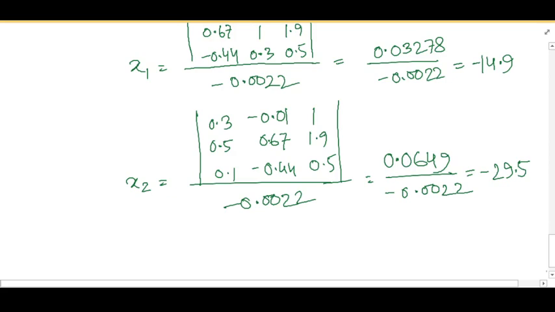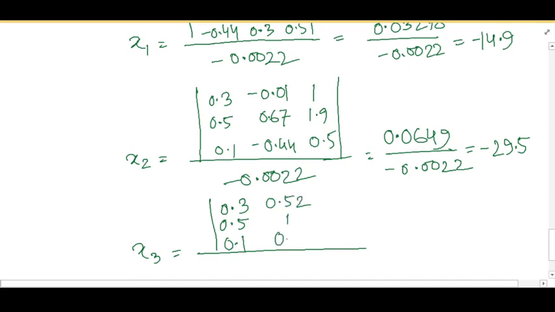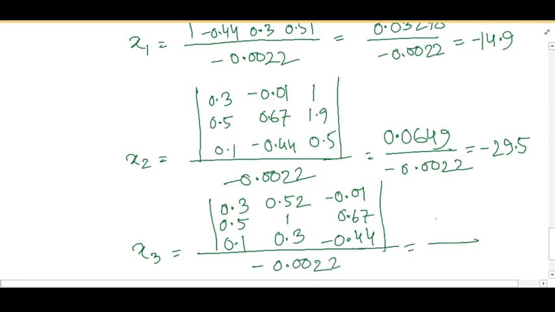So this will be x2, and for x3, we'll be replacing the coefficients of x3 with these constant values. All other things will be similar to the coefficient matrix, and this will give you a value like this one.